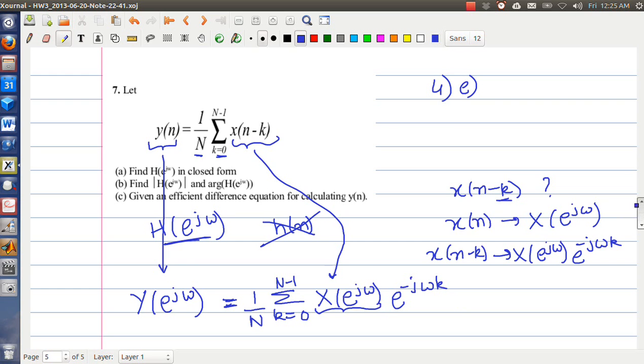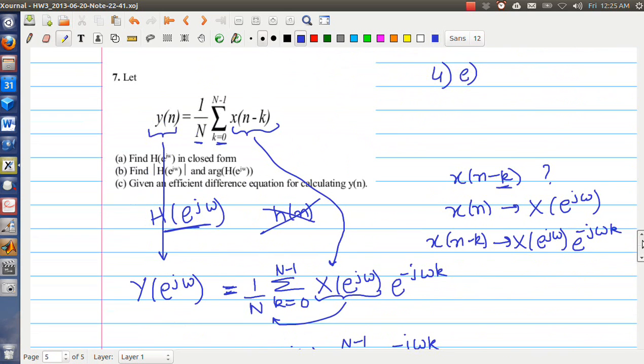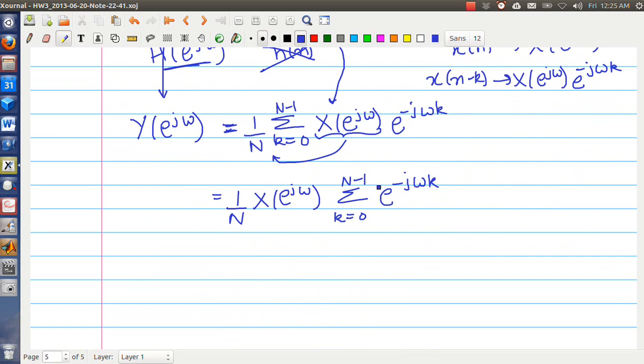Since this is not a function of k, we move X out of the sum and we get 1 over N X(e^{jω}) sum over k going from 0 to N minus 1 of e^{-jωk}. We have been asked for a closed form, so we need to solve this, and we remember that the sum of k going from 0 to a of r to the k is 1 minus r to the a plus 1 over 1 minus r.